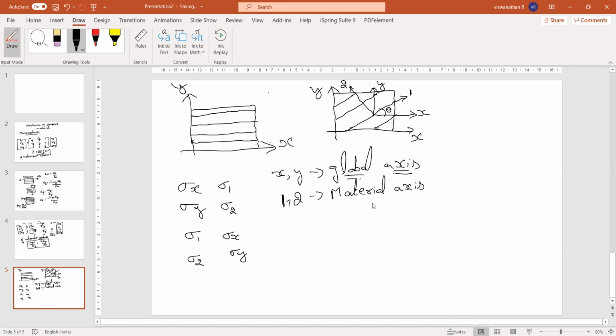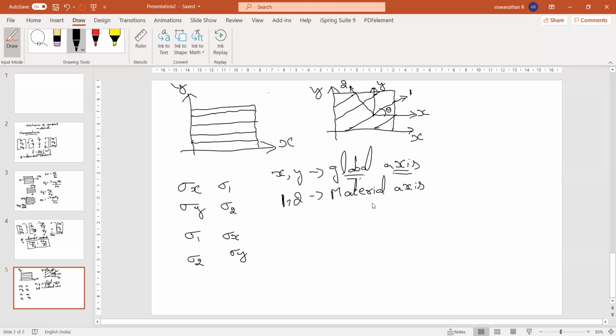We know the x-axis, we know the y-axis. It is always easier to relate that angle to x and y. That's how we have been used to. Since we are used to the global axis, we tend to always relate the material axis to the global axis. So this relation becomes important.